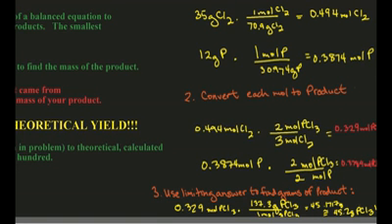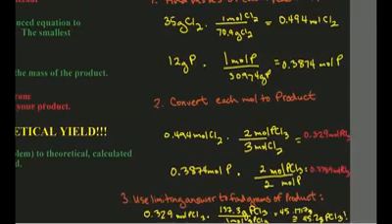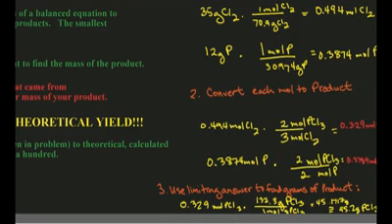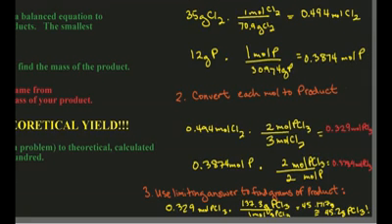When we do that, we have 2 different answers. The smallest one of these 2 answers is going to be the limiting. In this case, we have the chlorine found to be limiting, and thereby making the phosphorus in excess. Finally, we use the limiting moles of product to convert into grams of product to find our theoretical yield. So that was the answer from the previous step.